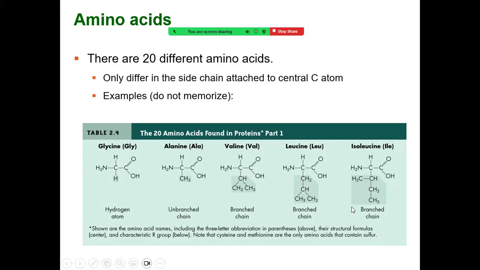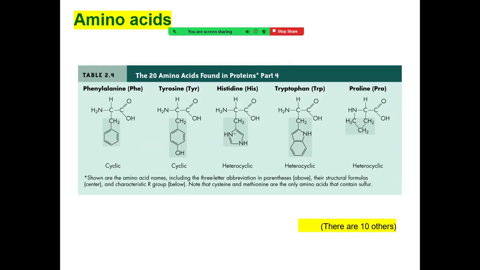These are all nonpolar R groups. But the R groups don't have to be all nonpolar. Some R groups are, or at least have regions that are polar. Like this R group here has this OH group, and that's polar.